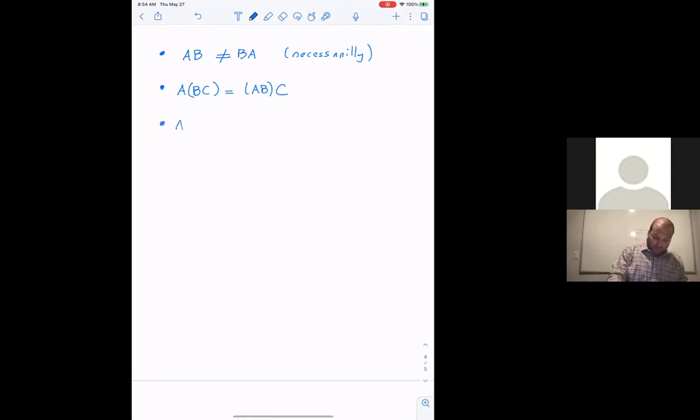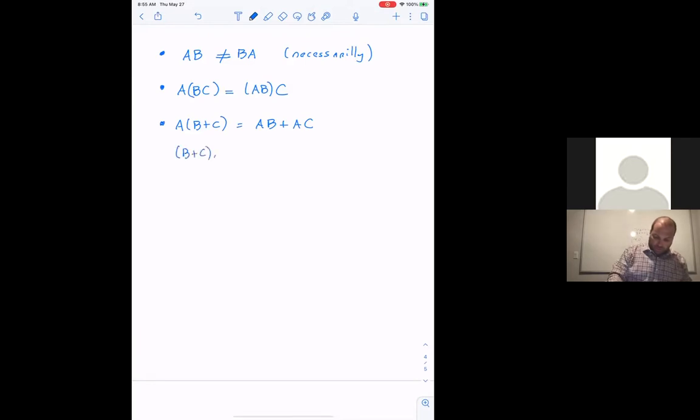Also, the distributive law holds. Just like it does for regular numbers, there's two versions of the distributive law. You can have the sum B plus C multiplied on the left by A, and the A distributes. Notice that the A remains on the left in both situations.